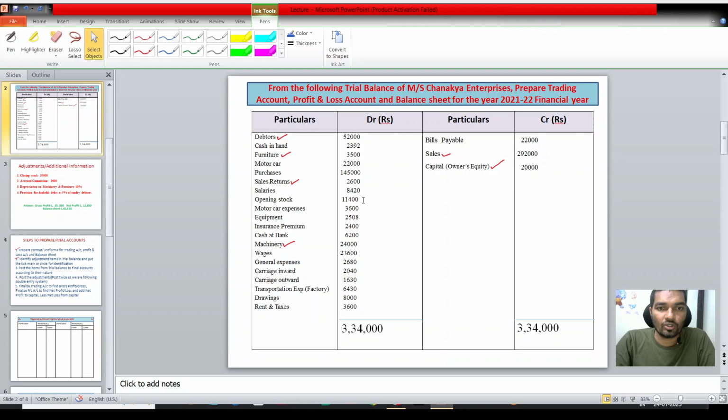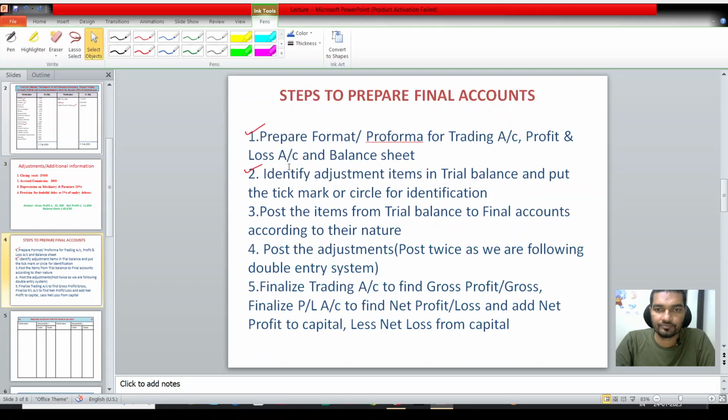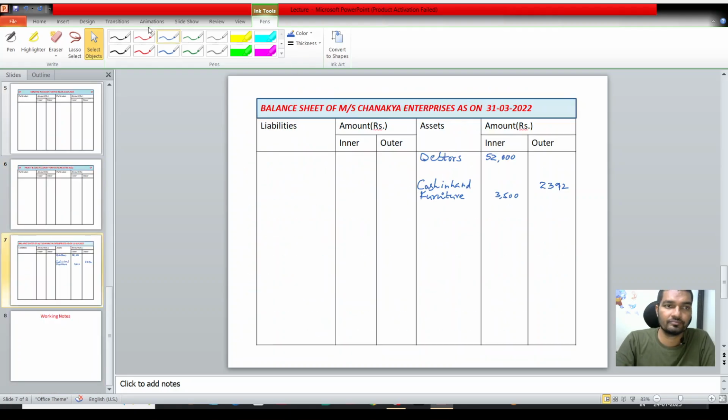Next, motor car is a fixed asset, and there is no adjustment for motor car, 22,000.